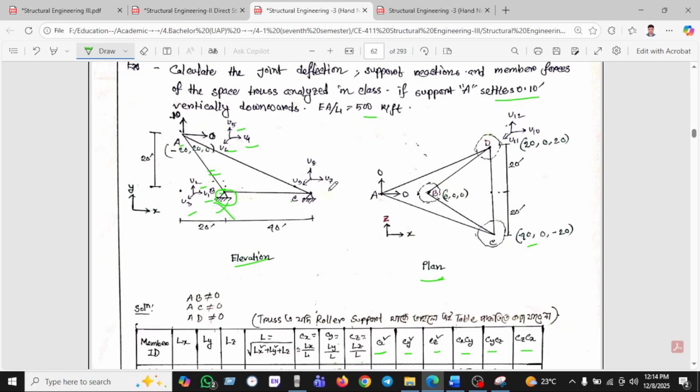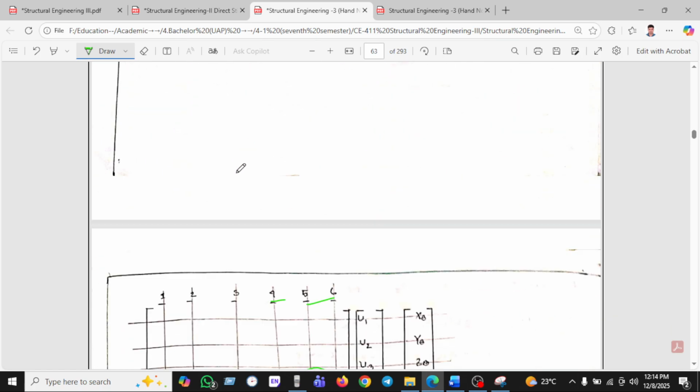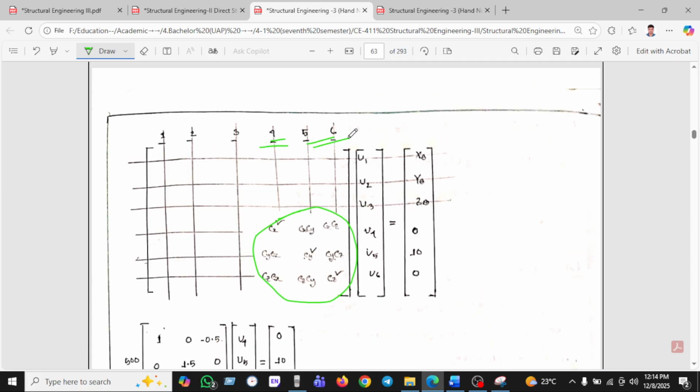On the other hand, 7, 8, 9 are also supports, so we will not take them. These are the free members, 4, 5, 6, so we take 4, 5, 6 and all others cancel out.